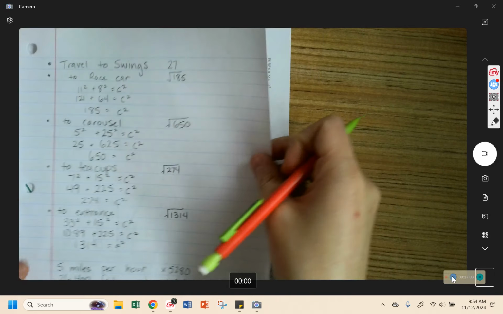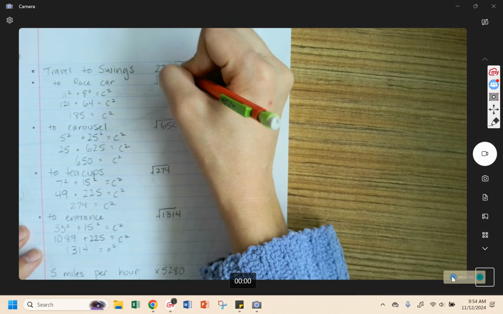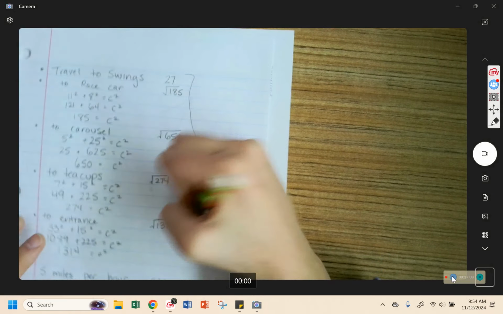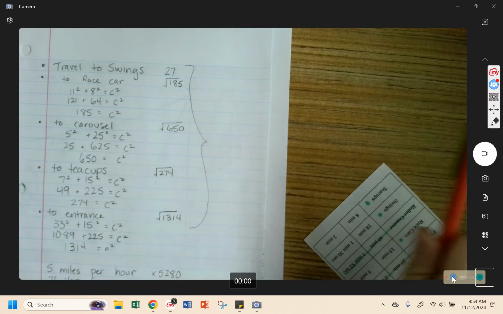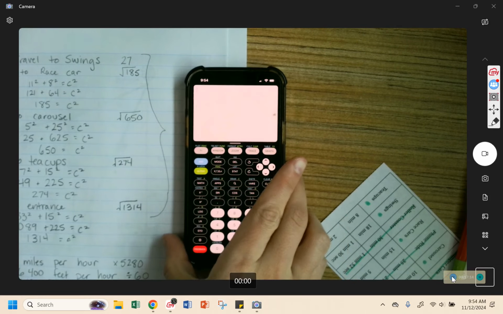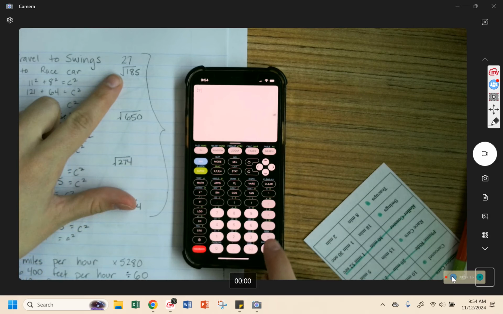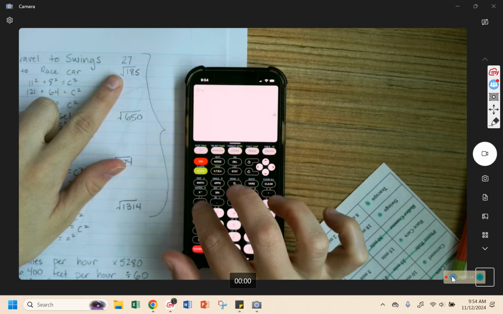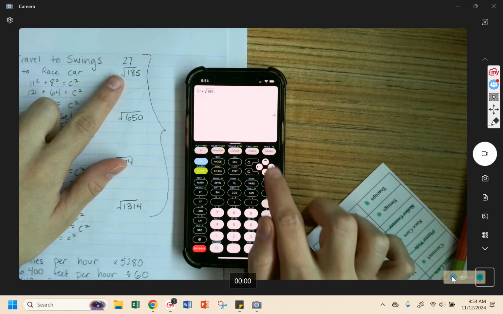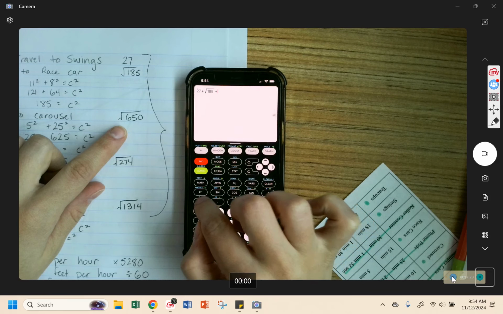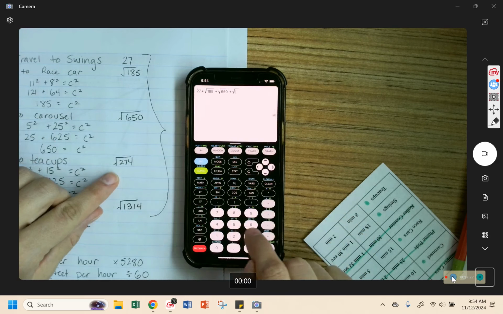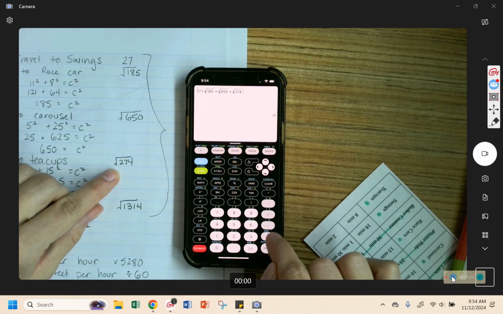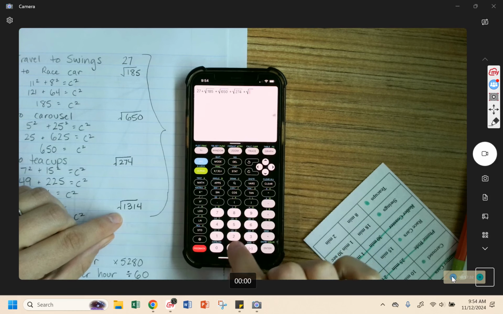Okay, now we need to figure out how many feet this is. So we're going to add all of these up, and we can do that on our calculator using those square root symbols. Here is mine. 27 was a whole number. The square root of 185, the square root of 650, the square root of 274, the square root of 1,314.